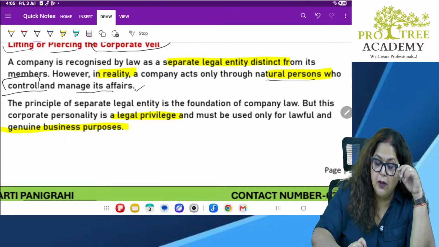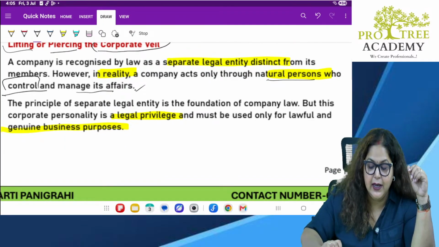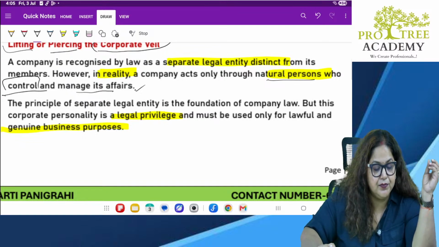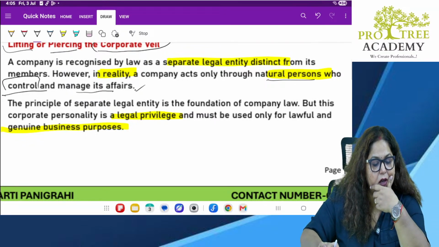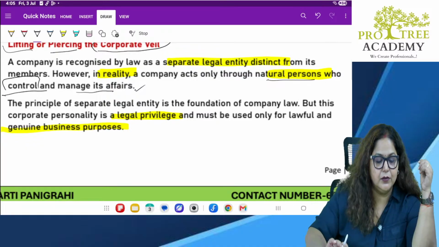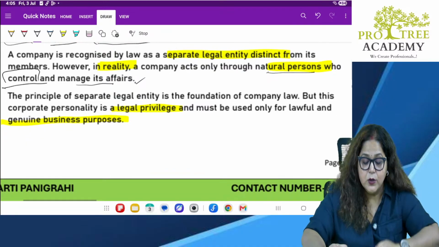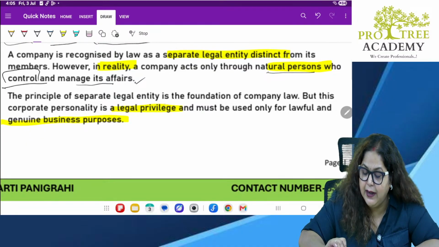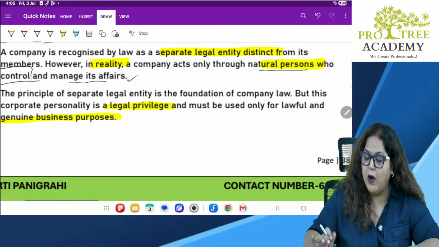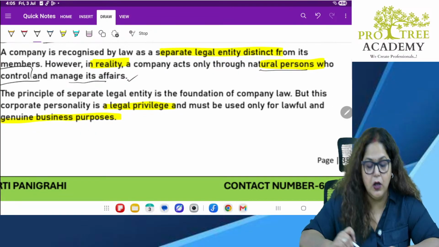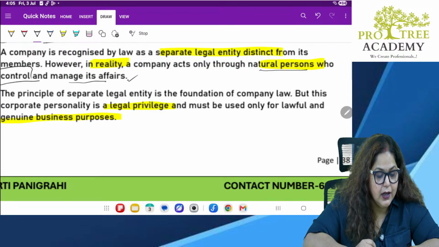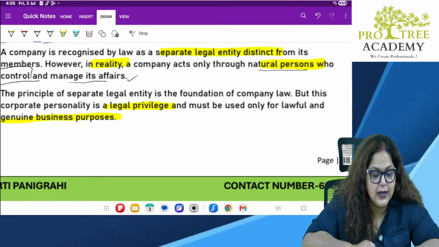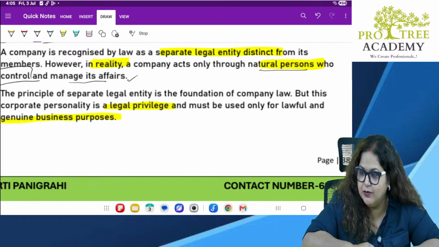The students who are joining online, if you are understanding, just write USD there. What is USD?